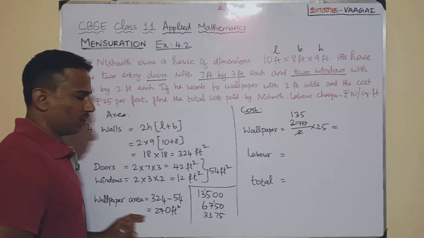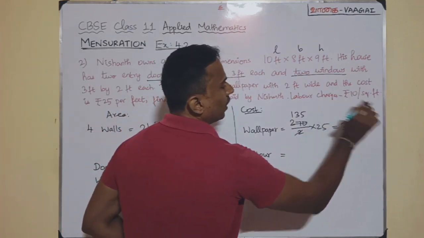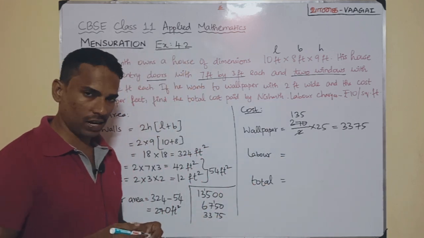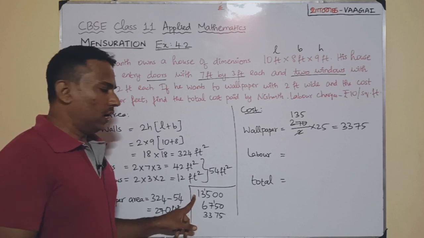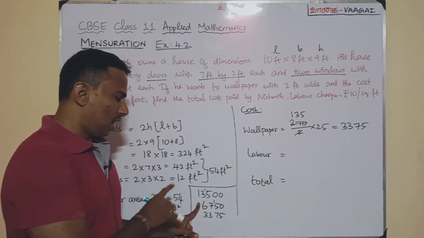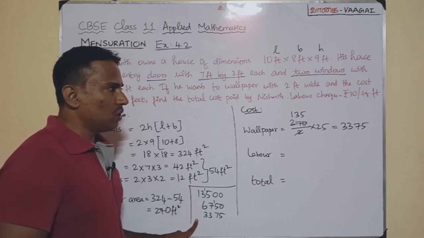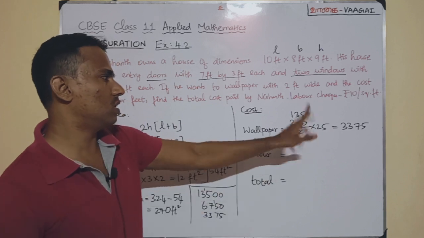So 3375. So this calculation will be 3375. Let me tell what I did here. Very simple. From 135 into 100, I calculated half. So this will be nothing but 135 into 50. And again half of that will be 135 into 25, and that's what we got here. Very simple. So 3375.